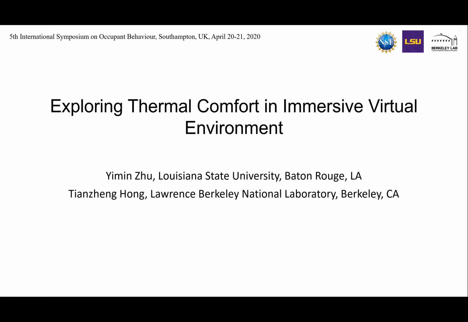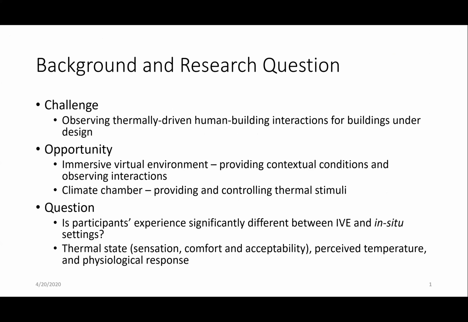So really, it's about exploring the reliability of immersive virtual environments. We all know the challenge. I think most of you probably agree with me that during the design phase, we all hope we would have a better tool to observe human-building interactions, especially for things like thermally driven behaviors.